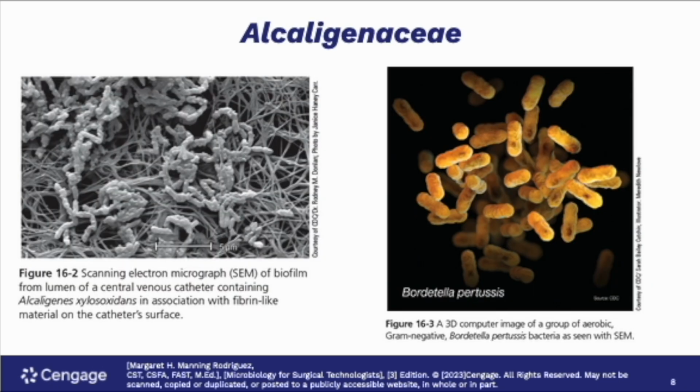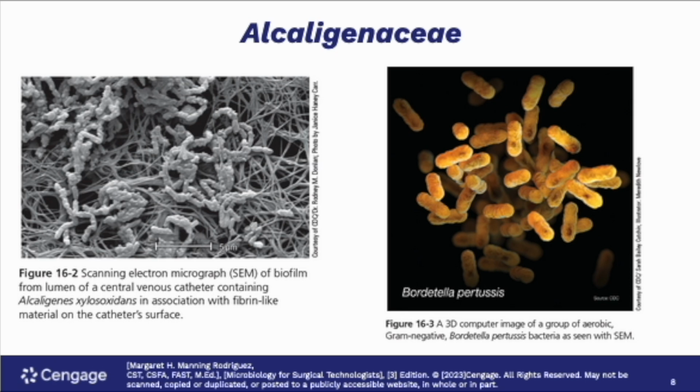We get into our Alcaligenaceae family. Okay, again, a beta class, which means they share certain traits useful so that we're able to identify them. Now, this bacterium is often found in water, especially in salty, saline environments. It can form biofilm, and remember that that's that slimy layer of bacteria that sticks to surfaces.